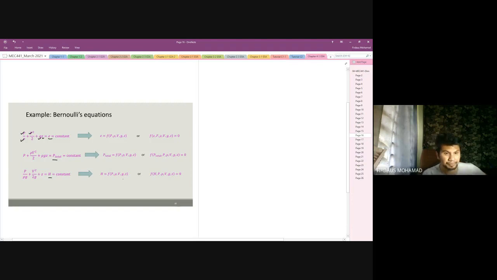Okay, so we can use this notation, it is important in order to identify the dependent and independent variable for the dimensional analysis.